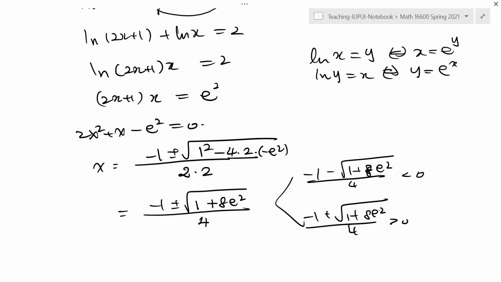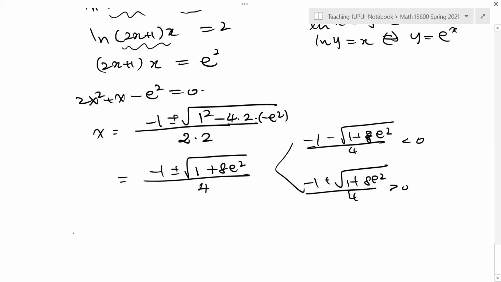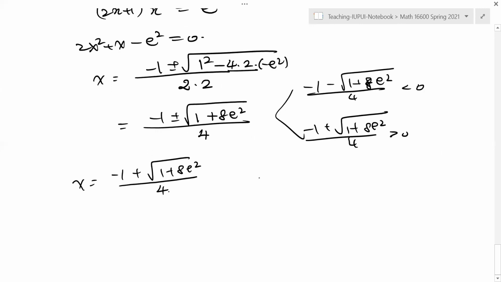And then you go back to the equation again. This product is always positive, but before you get to this product, those two terms should be defined. Natural log of x is not defined if x is negative. So that's why the only possible solution is the positive one.